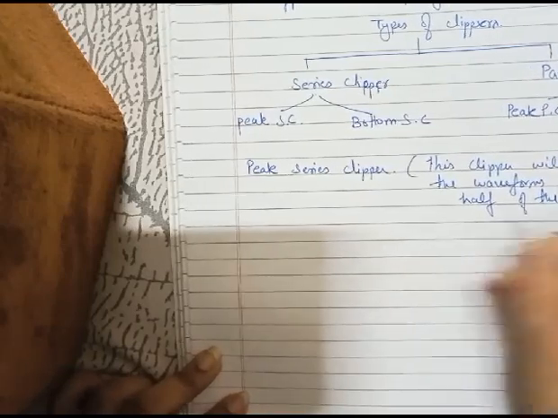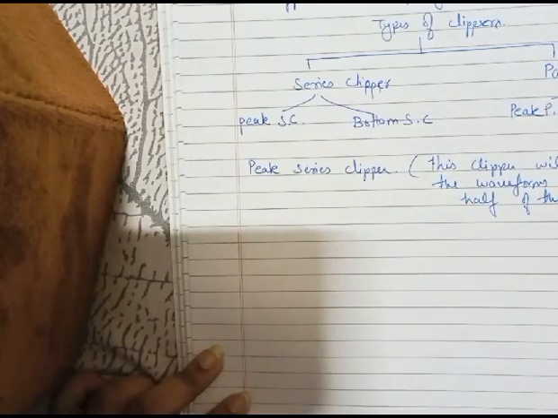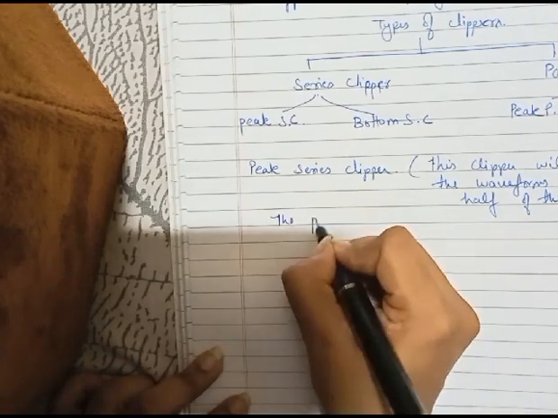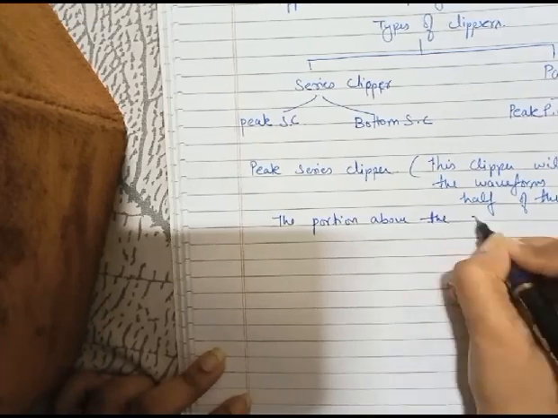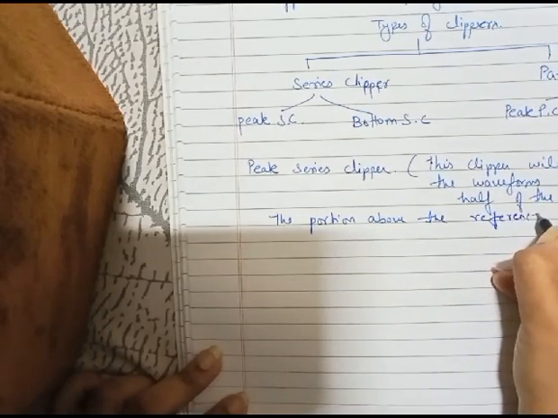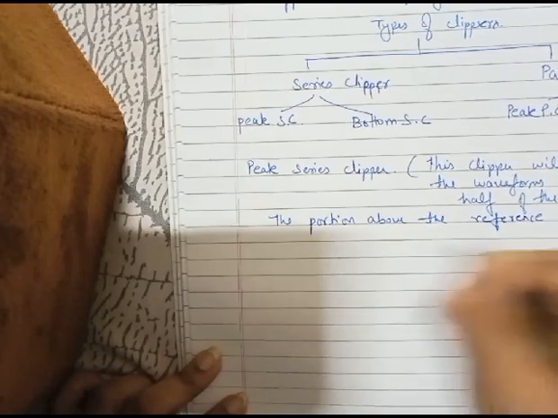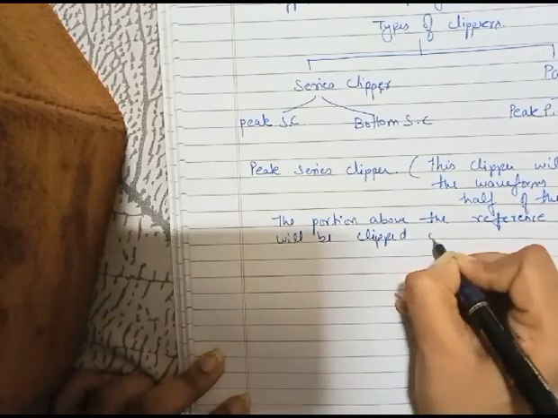That is, the upper portion of the wave is going to be clipped, from the reference voltage. The portion above the reference voltage will be clipped off.